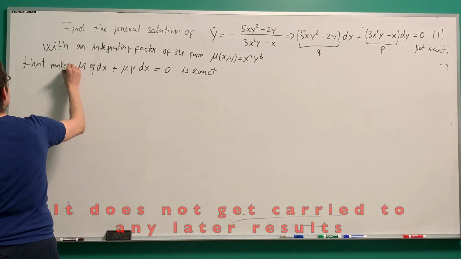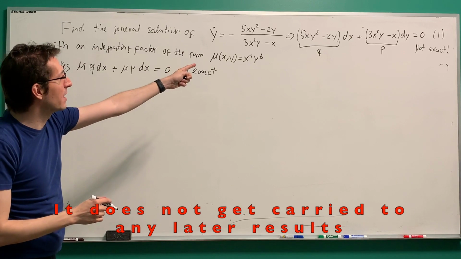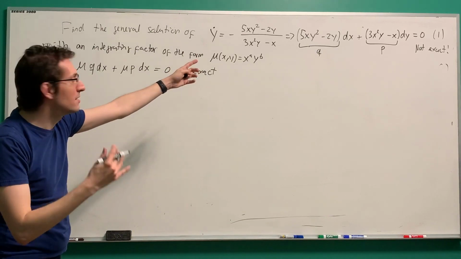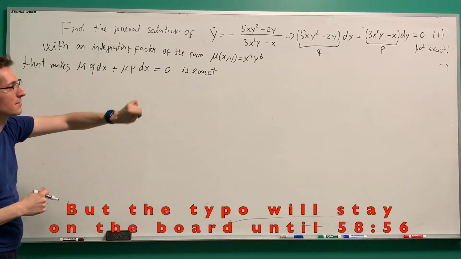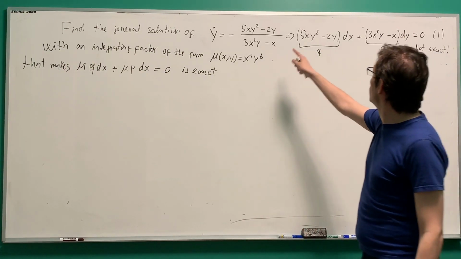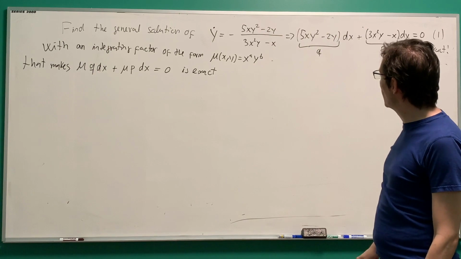With an integrating factor of the form x to the a, y to the b, that integrating factor makes this equation exact. So what we do now is multiply this equation by mu and see what we get.